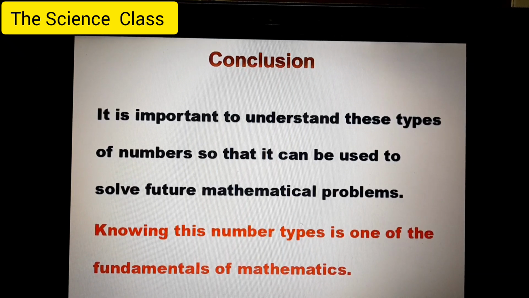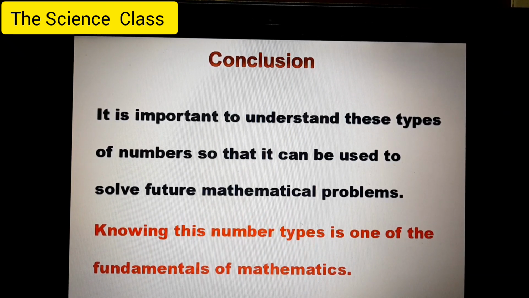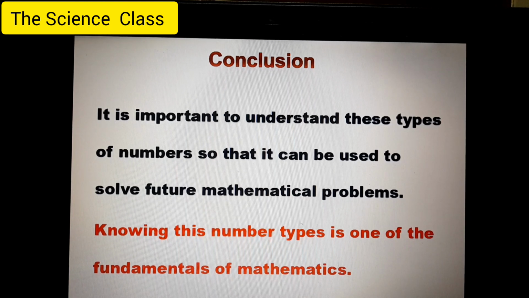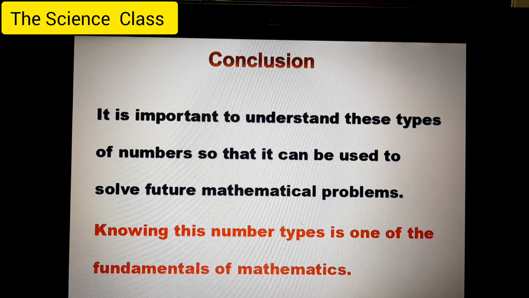The conclusion: it is important to understand these types of numbers so that they can be used to solve future mathematical problems. Knowing these types of numbers is one of the fundamentals of mathematics. If you don't know some of these numbers, you can see a question that says 3 consecutive numbers and you're confused.